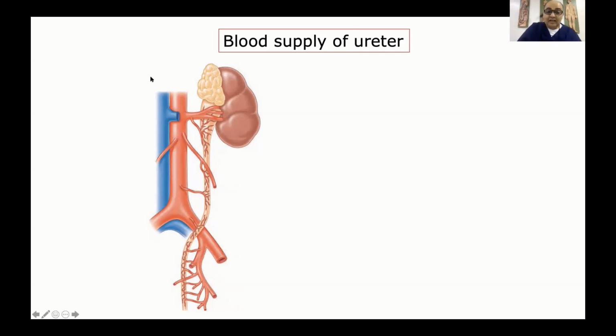The urine becomes pink or red only when the stone moves, and with this movement, its sharp edges cut the mucosal walls, and you can see the high vascularity in the kidney as well as in the ureter. So these are enough to cause some leakage of blood, and this blood will be seen in the urine which has been passed. So these people present with renal colic, a classic pain.